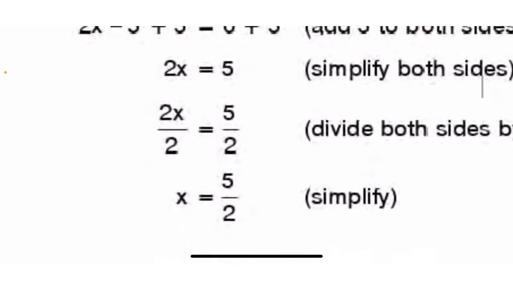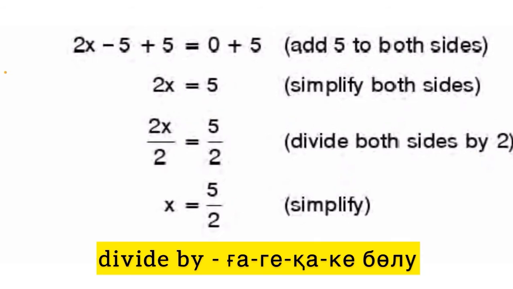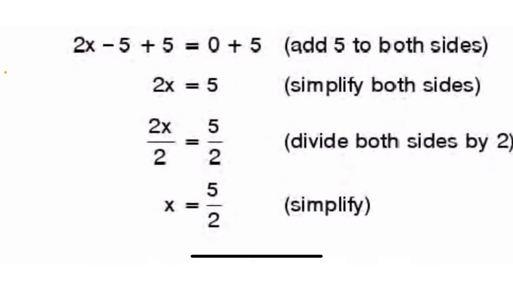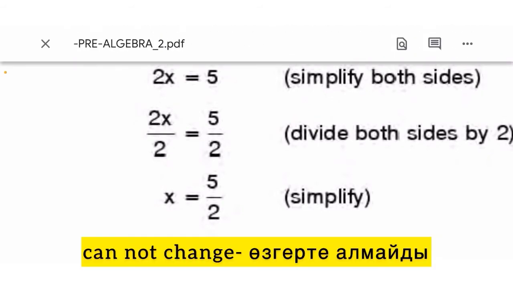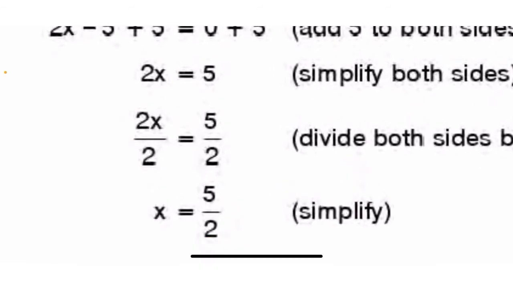The next step is we divide both sides by 2. Dividing, subtracting, adding, multiplying both sides of an equation by some number cannot change the original equation. So it will be 2x divided by 2 equals 5 divided by 2.